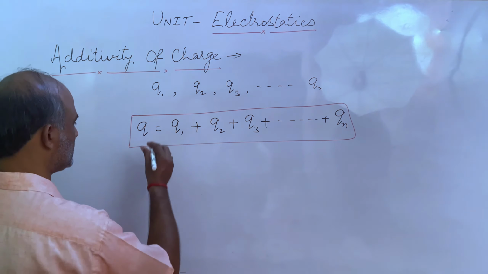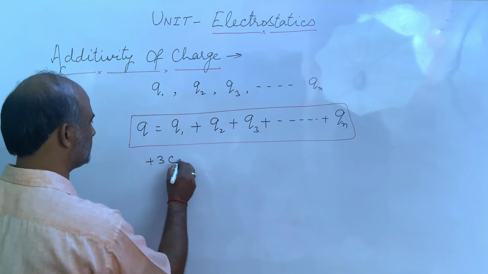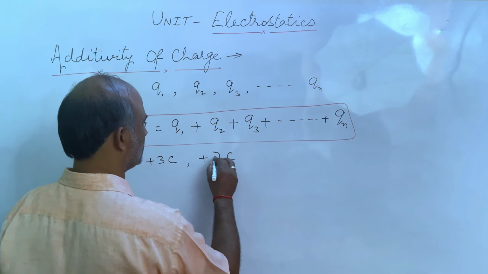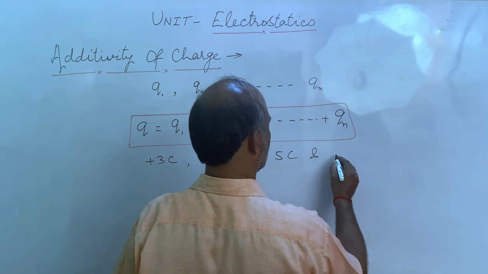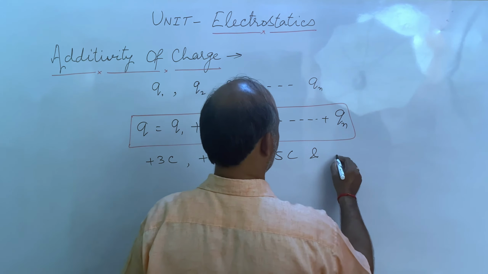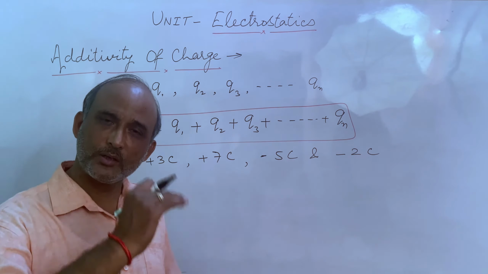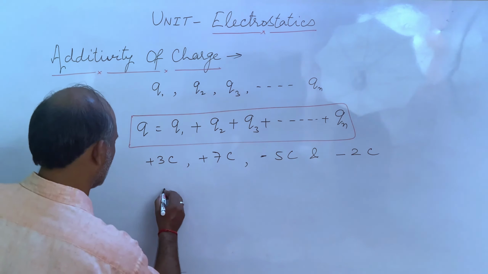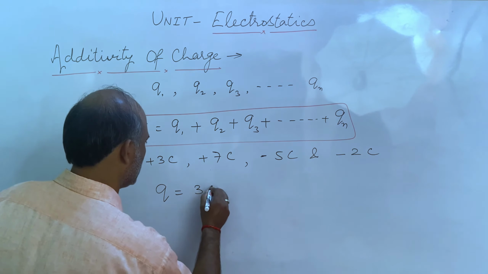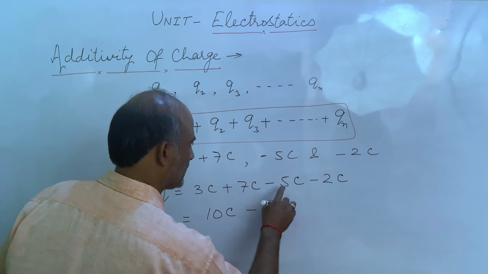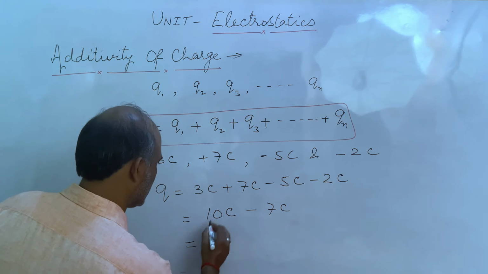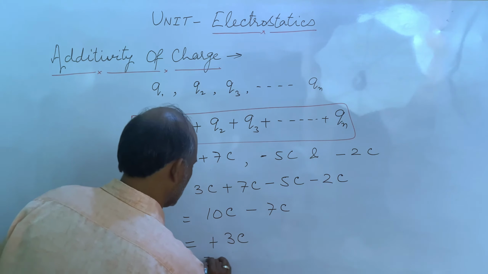Suppose there are charges of plus 3 coulomb, plus 7 coulomb, minus 5 coulomb, and minus 2 coulomb in a system, then the total charge of the system will be Q is equal to 3 coulomb plus 7 coulomb minus 5 coulomb minus 2 coulomb, which is 10 coulomb minus 7 coulomb, that is plus 3 coulomb.